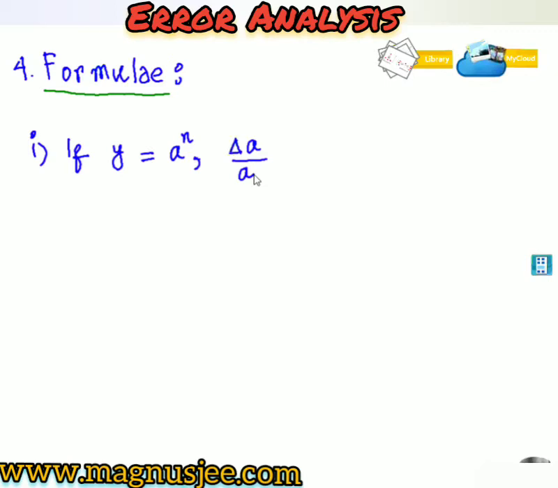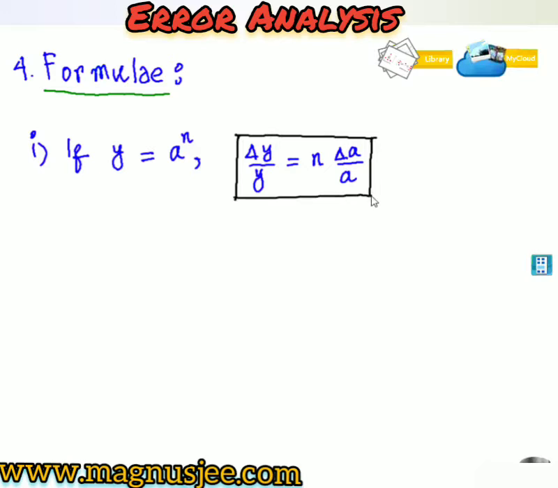We have to erase this one. If y equal a to the power n, then delta y by y equal n delta a by a. Here the power of a, that is n, comes in front of delta a by a. Means this is the relative error in the measurement of y.